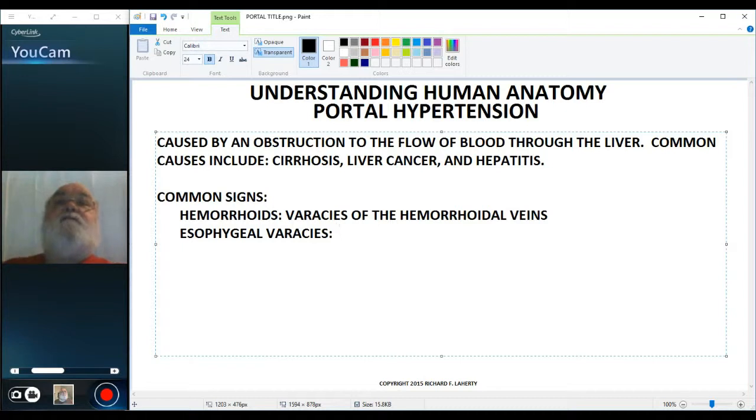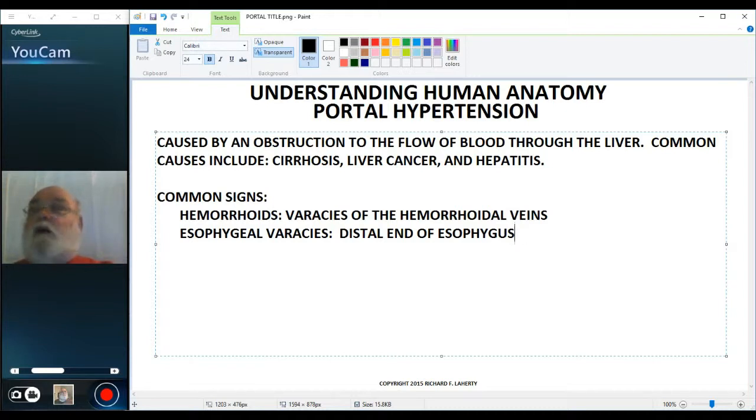These esophageal varices are found at the distal end of the esophagus, and what they will do is bleed into the esophagus when food is swallowed.